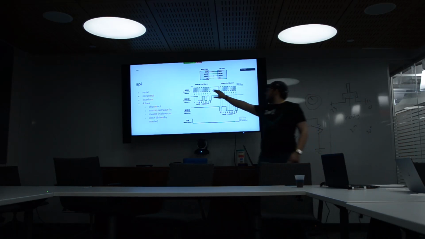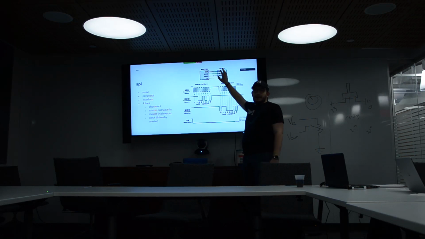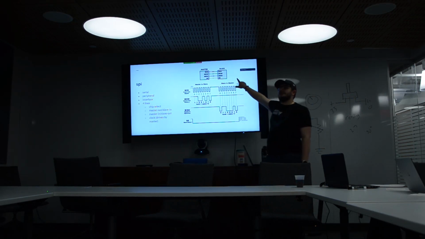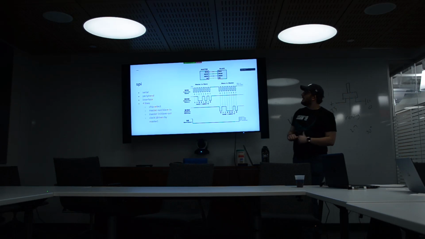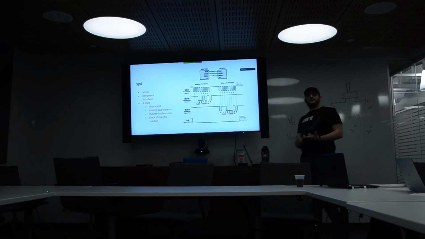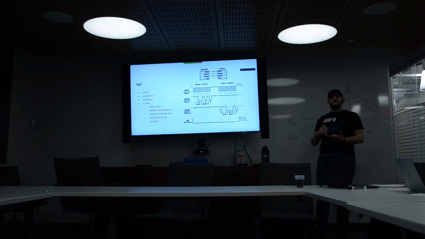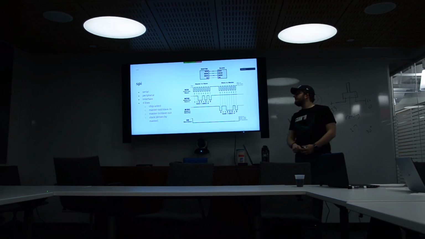Let's say you have a microcontroller and a motion sensor, because this is a good example. The microcontroller we're going to call the master, and the master has a clock that it continuously sets high and low, so tick, tick, tick, tick, continuously.